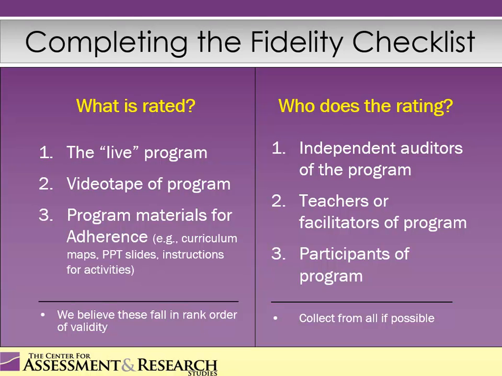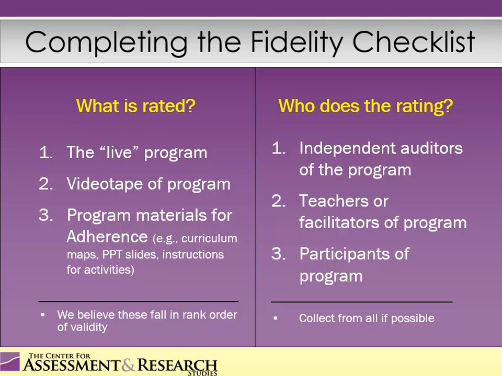To complete implementation fidelity checklists, we have a few options. First, we could participate in the live programming and fill out the checklist as we experience the programming in real time. Alternatively, we could watch a videotaped version of the programming and fill out the checklist just as if we had experienced the programming in real time.